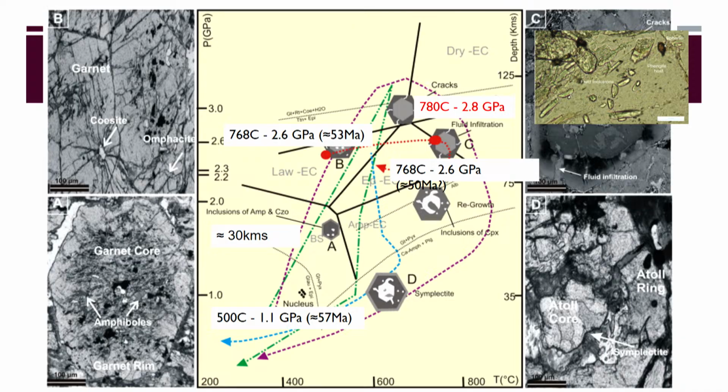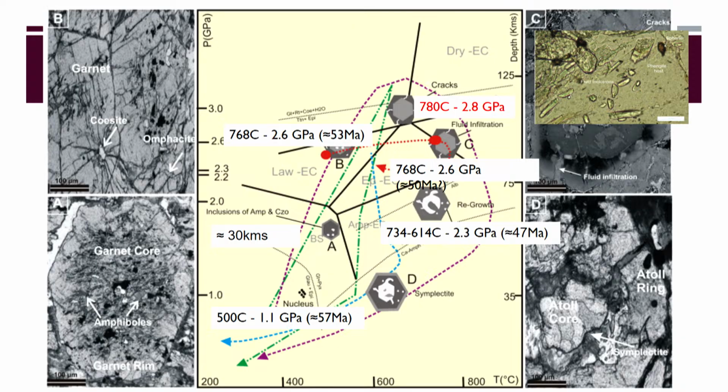So at 768, nearly around 50 million years, I've put a question mark here because this has not been worked on. I mean, we don't have this actual age, but it's pretty much between 53 and 47, okay. So typically you start getting the formation of atolls because the fluid starts to infiltrate along these cracks in the garnet, and it modifies the interior of the garnet and starts to replace it with lower temperature minerals, okay.